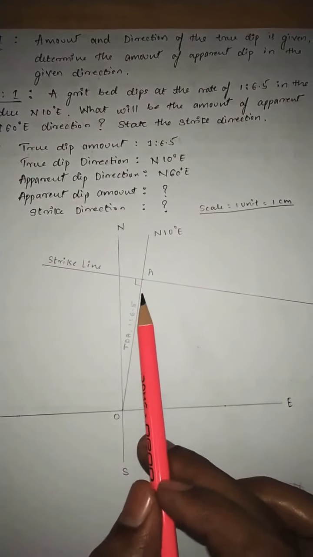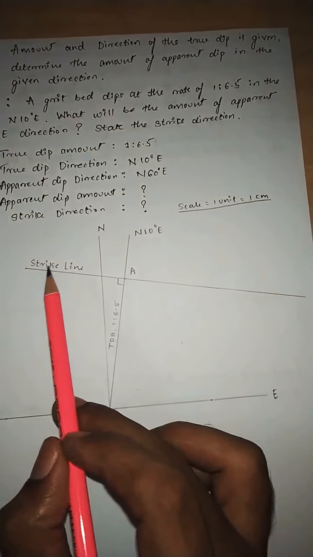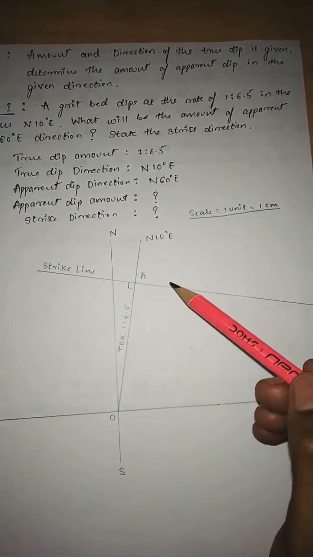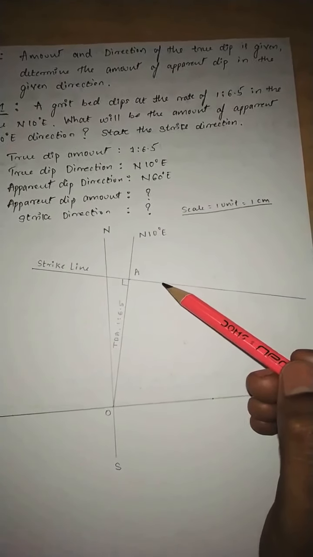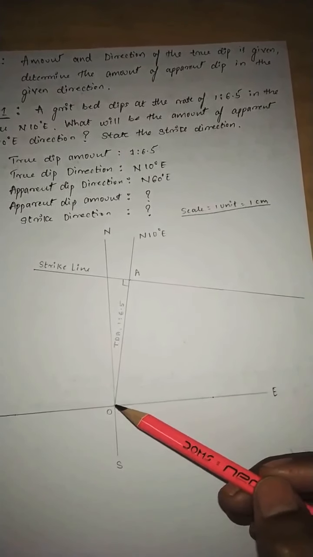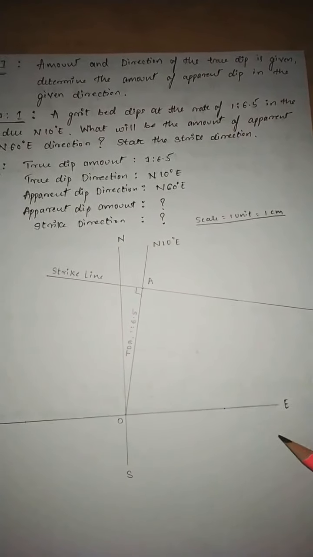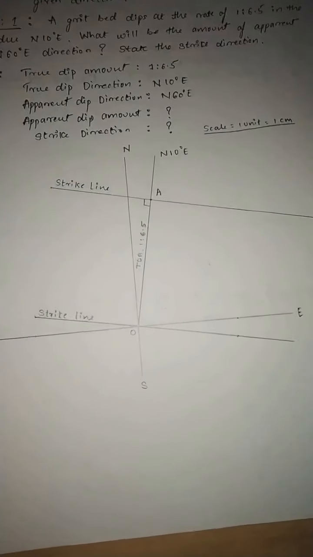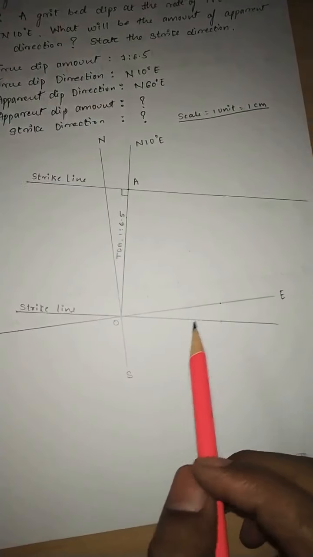Next, we transfer this strike line to the origin by drawing a parallel line to it. Now you can see we have transferred this strike line to the origin.